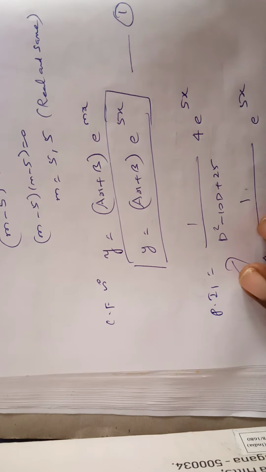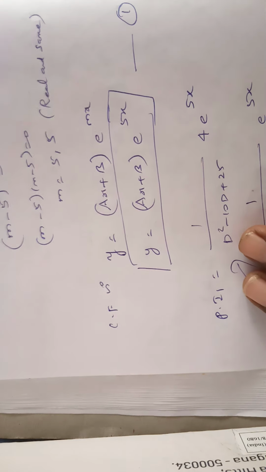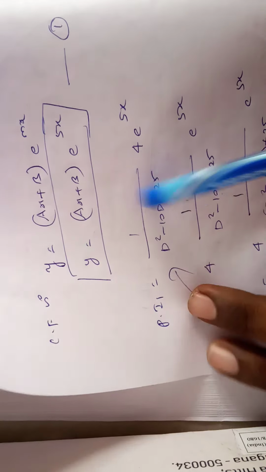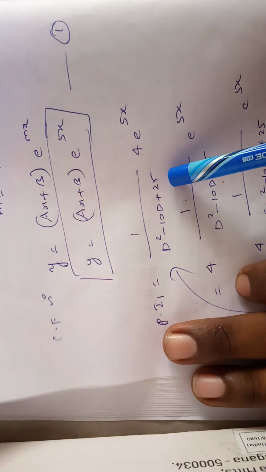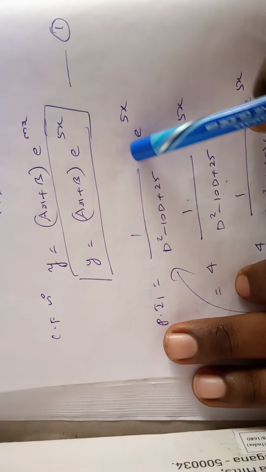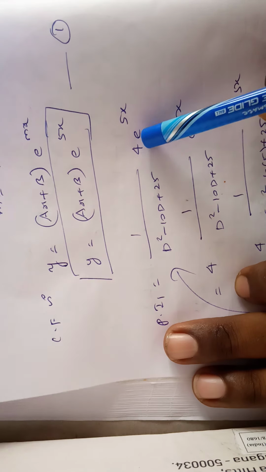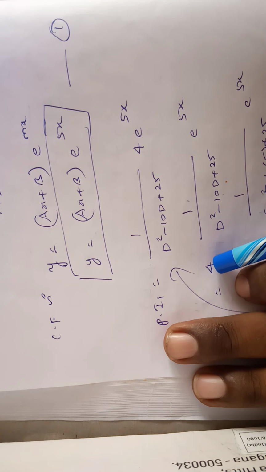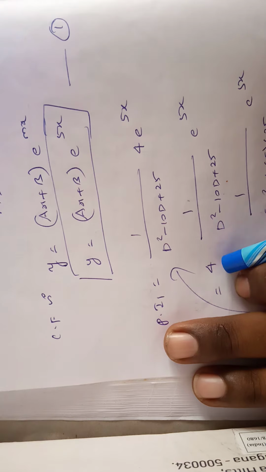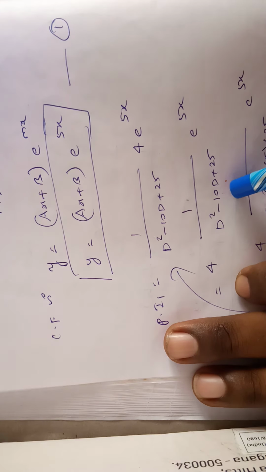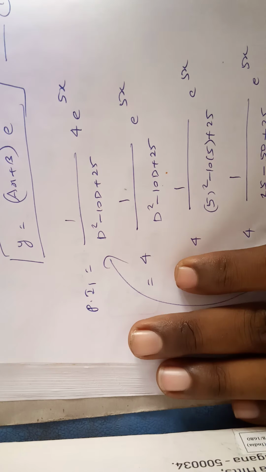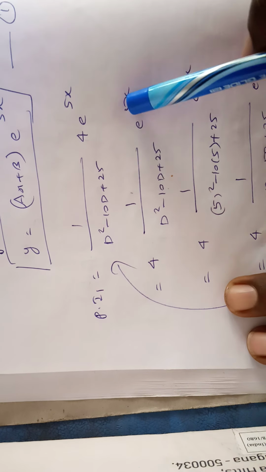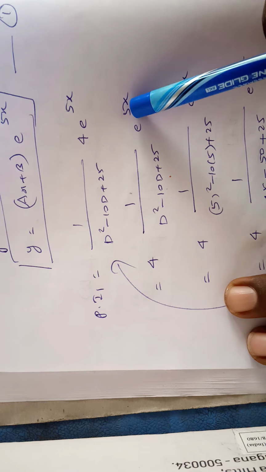First we have to compute PI1. So PI1 is 1 by D² − 10D + 25 into 4e^(5x). 4 is some number, so this can be taken in front: 4 into 1 by D² − 10D + 25 into e^(5x).